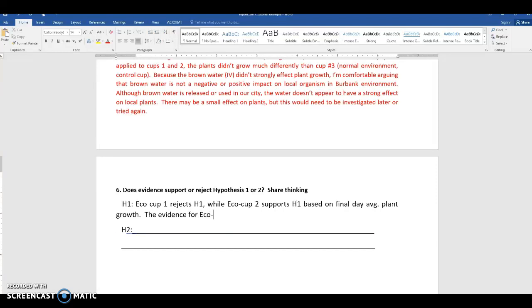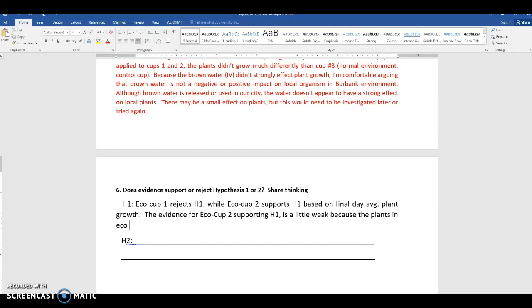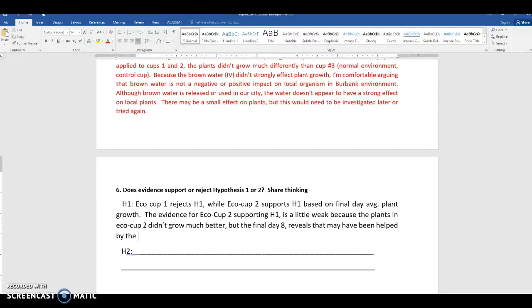The evidence that we got from EcoCup 2 supporting hypothesis 1 is a little weak, because the plants in EcoCup 2 didn't grow much better, but the final day 8 reveals they may have been helped by the brown water.